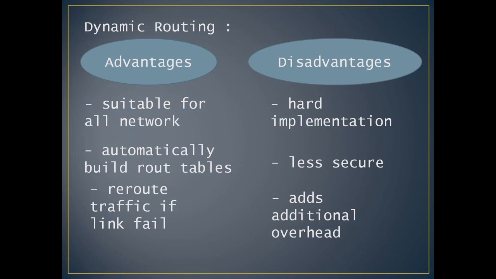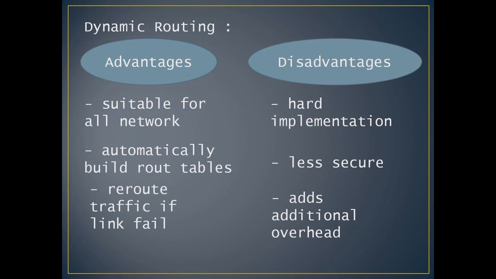And that's all for the disadvantages of dynamic routing. Next, although dynamic and static routing have their pros and cons, we can use either static or dynamic because each is good for a certain kind of job scope.